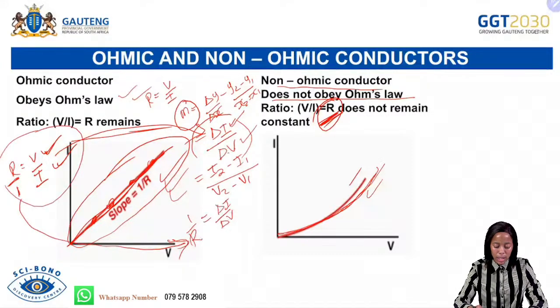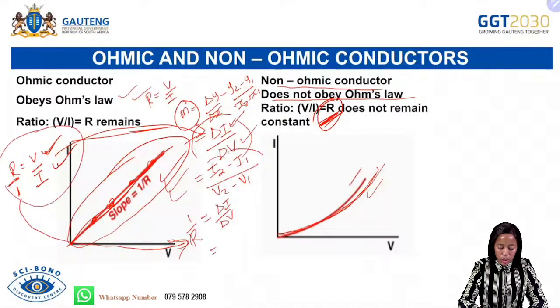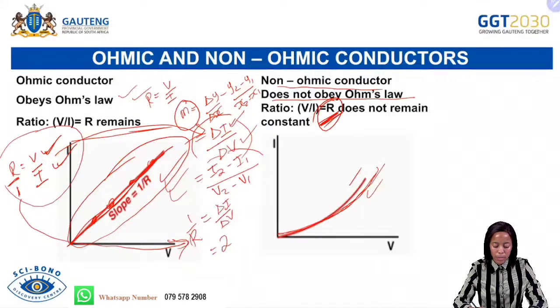So if you are asked to calculate R, you are going to calculate your gradient. Let's say that you got maybe a 2 as your answer for the gradient. You are going to equate it to 1 over R. So what are you going to do to find your answer?